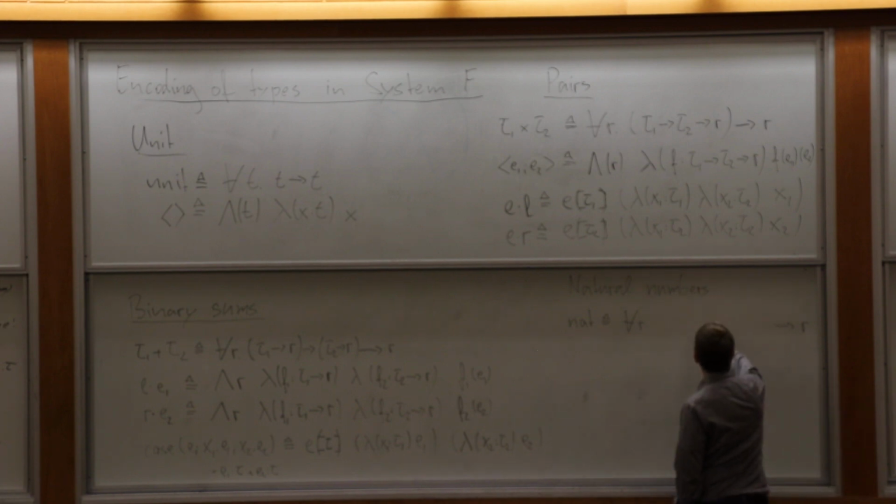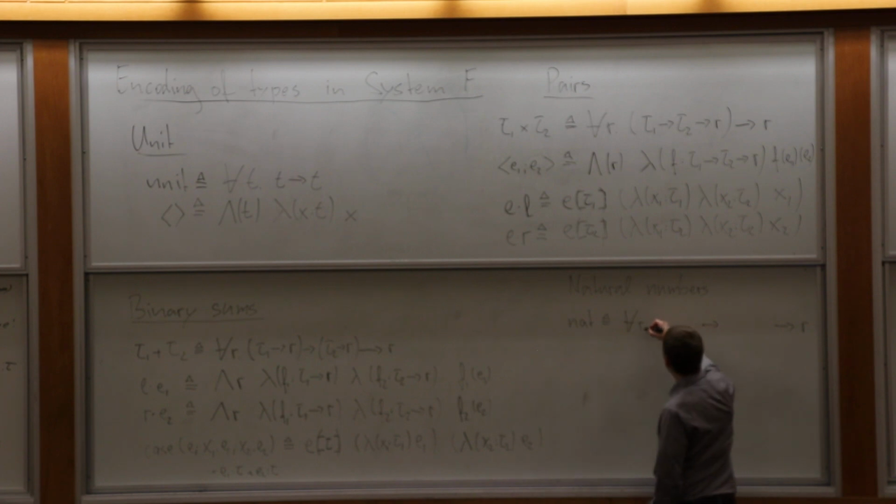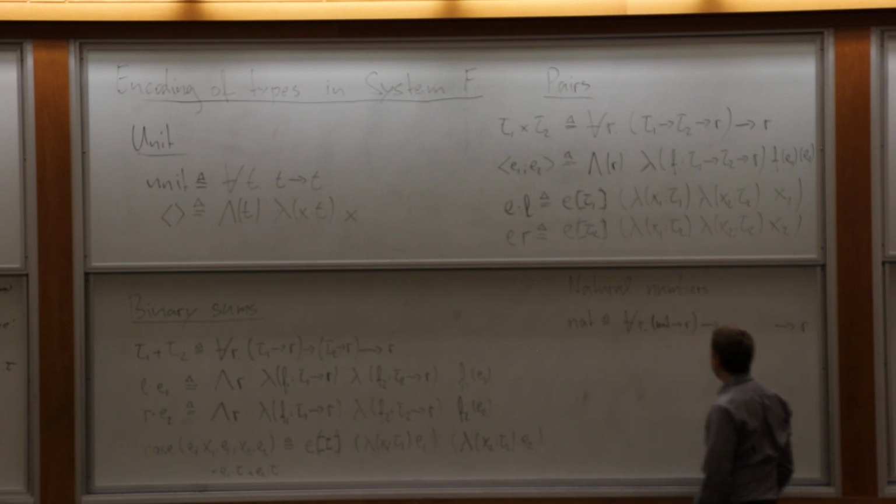So one has unit as an argument? Yeah. Okay. And the other one has an argument that is successor, but what's the type? Nat arrow nat. But here it's nat arrow R.